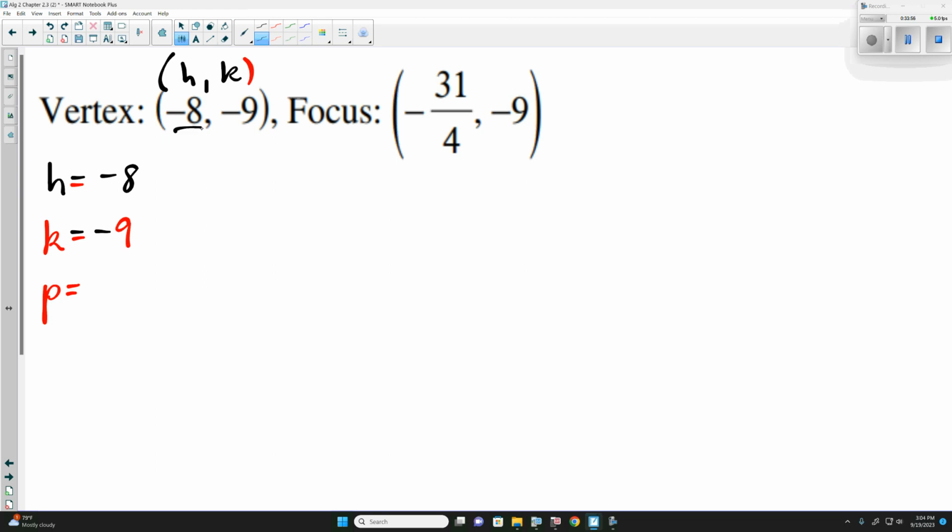Does the first value, the x value, change, or does the y value, the second value, change? The x. So the x value of the focus should not be h, but h plus p, comma k. Because for the focus, we're either having h plus p comma k or h comma k plus p. We're adding p to one of the two values.